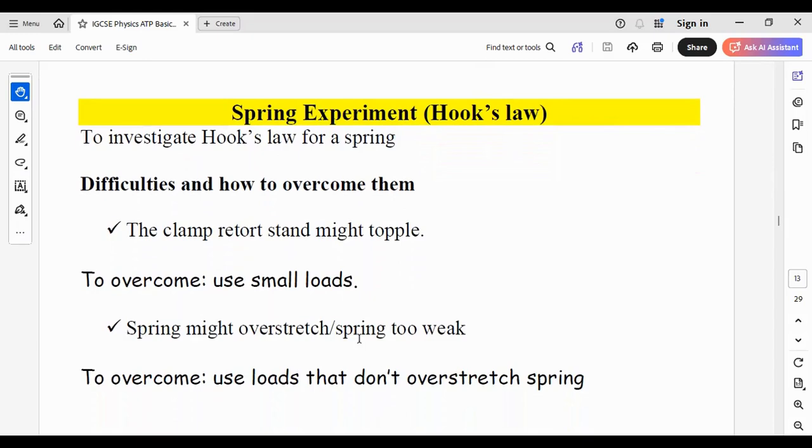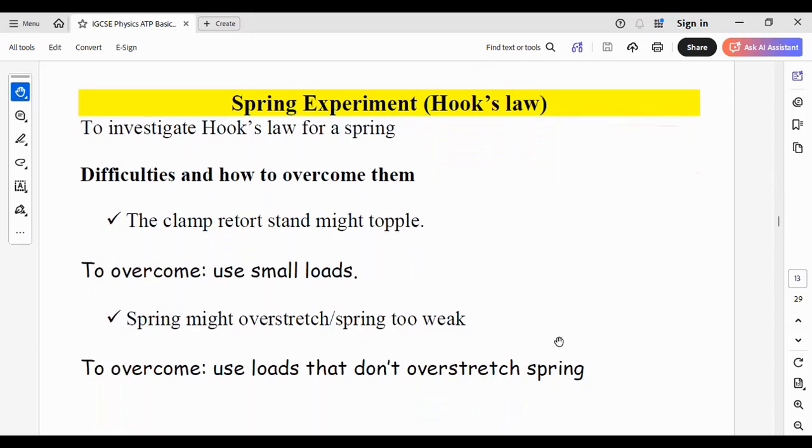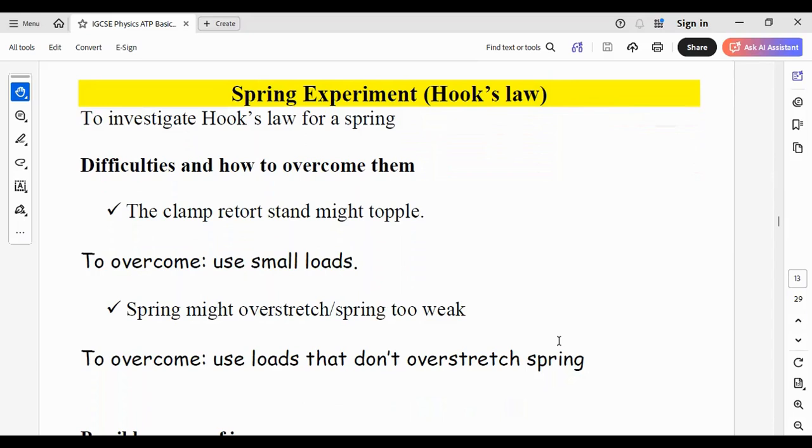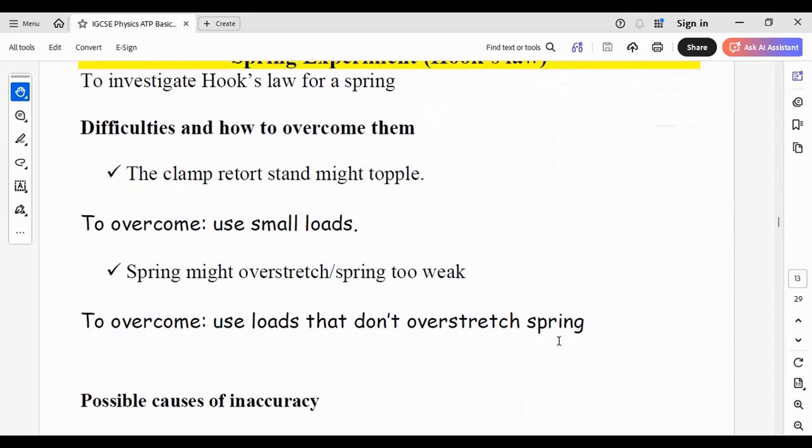To overcome this, use loads that do not overstretch the spring. So it's usually recommended that whenever you use it, quickly take off the weights, or do not use heavy weights. Use weights that are smaller, for which the spring oscillates easily and is not overstretching.